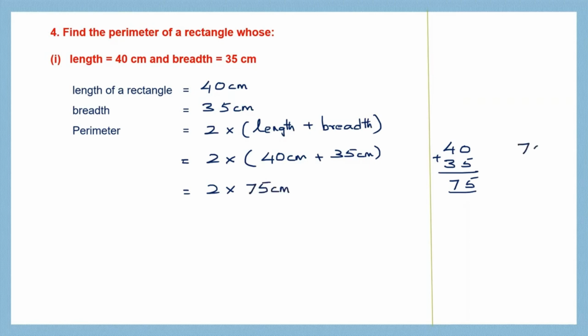So let's multiply 75 into 2. 2 5s are 10, carry 1. 2 7s are 14 plus 1, 15. So that's 150. That means we have found the perimeter to be 150 centimeters. So the perimeter of this rectangle is 150 centimeters.